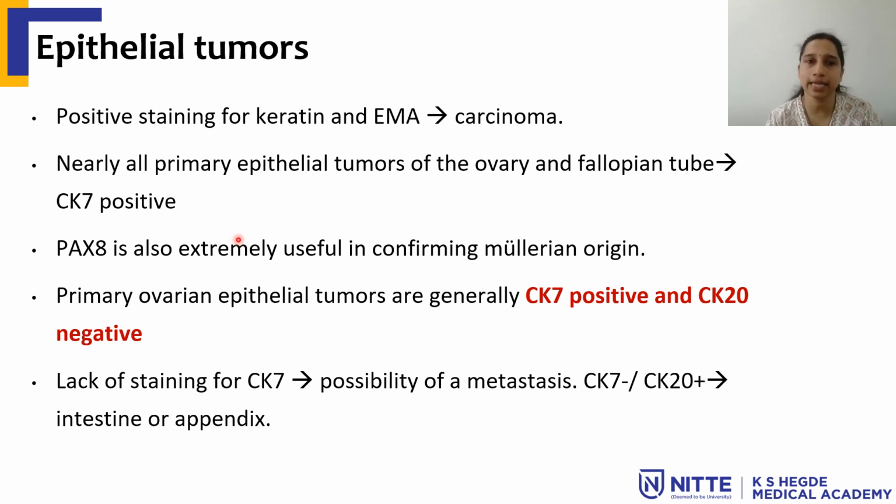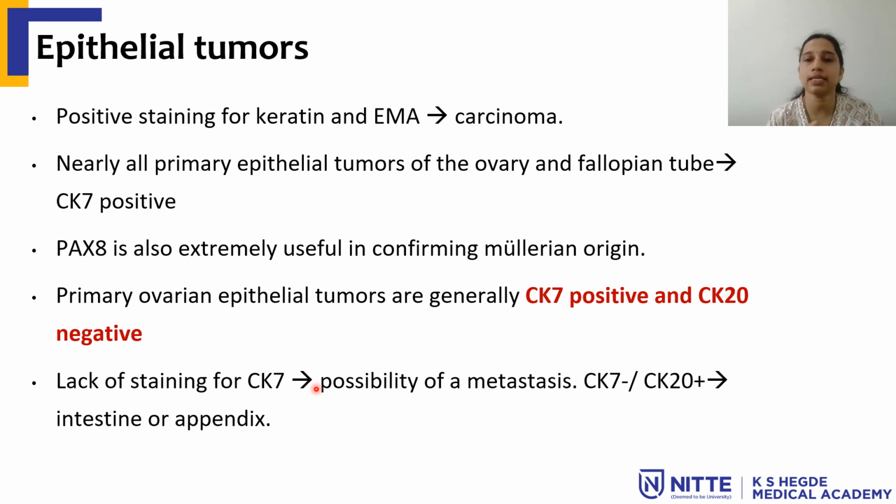And also PAX8, which is extremely useful in confirming that the tumor is of Mullerian origin. All Mullerian origin tumors, like ovary or fallopian tube, will be PAX8 positive. Lack of staining of CK7 suggests that probably the tumor is a metastasis. So primary ovarian tumors are CK7 positive, PAX8 positive and CK20 negative.